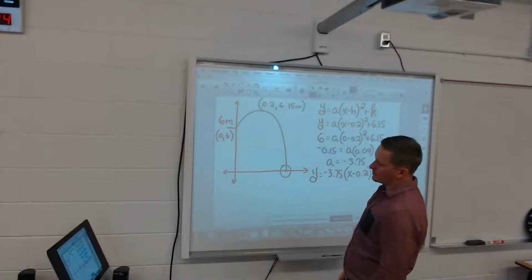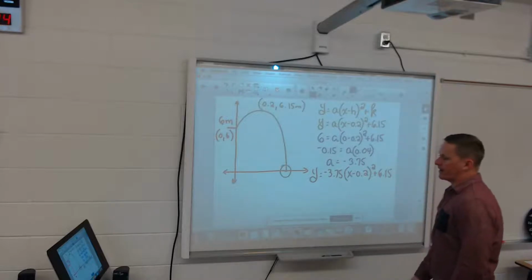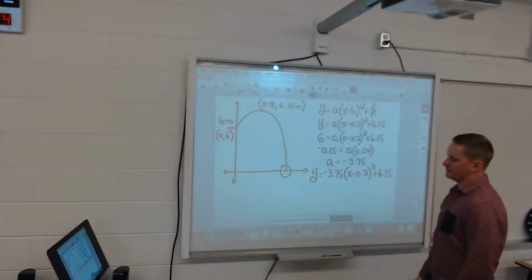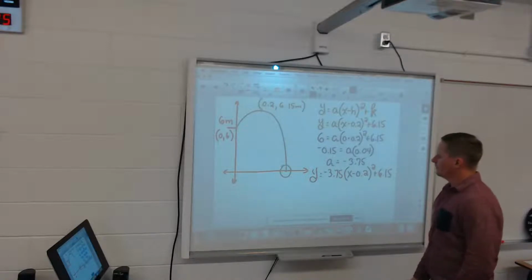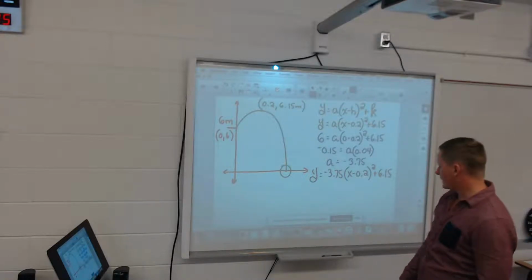Now that I have an equation, I would more than likely graph it to find out what my zero is. I mean, you could solve it, but graphing it would be the fastest way to do that.